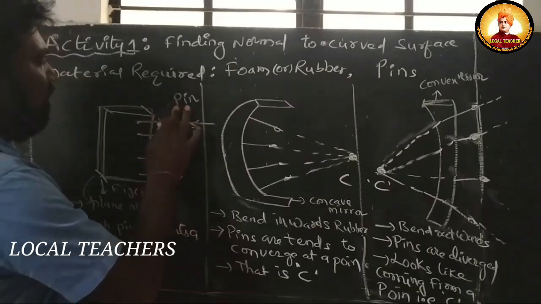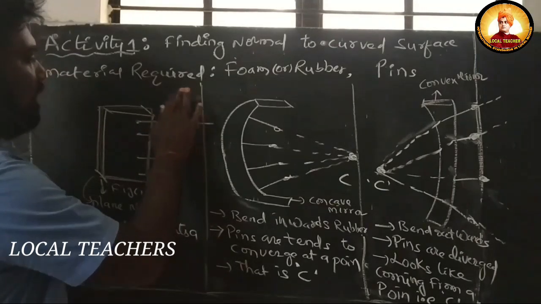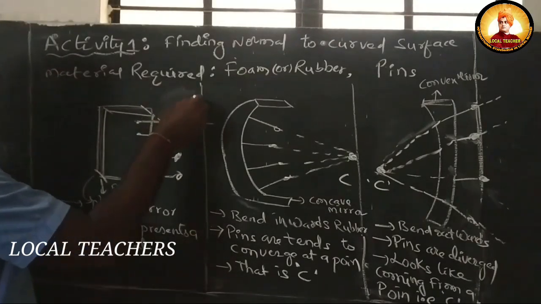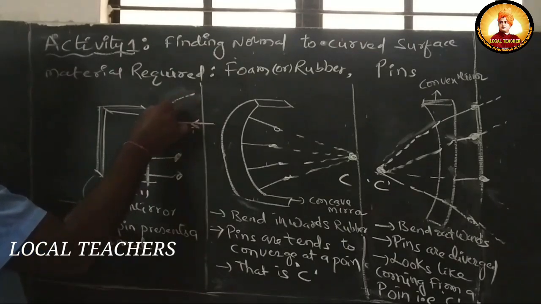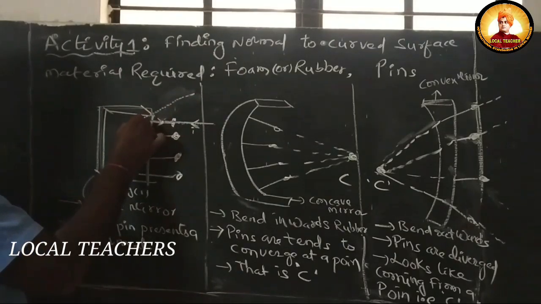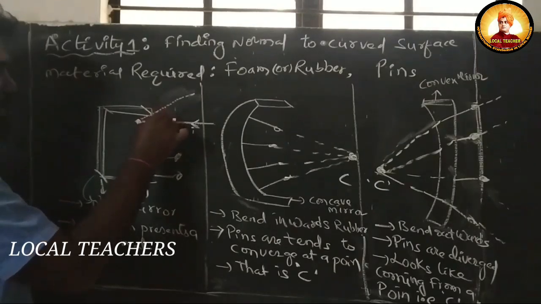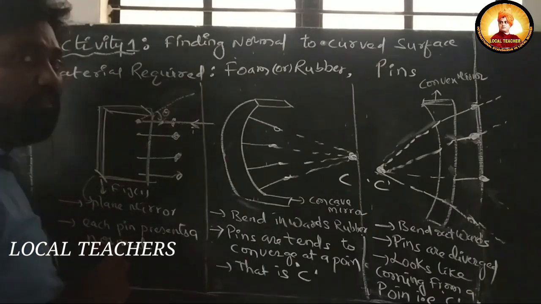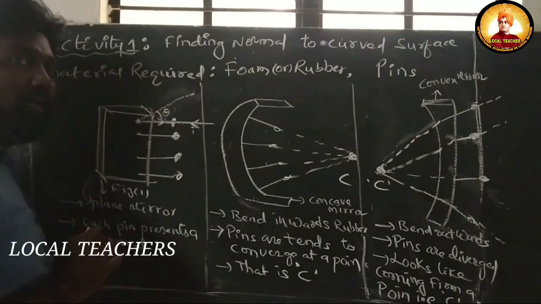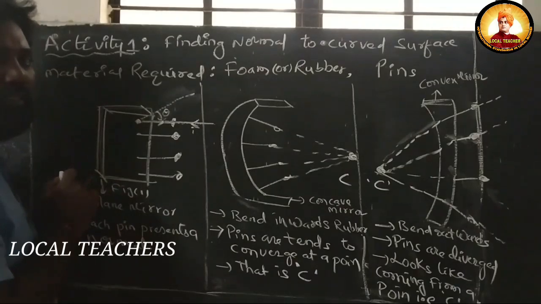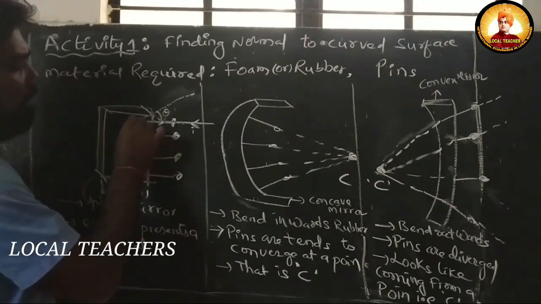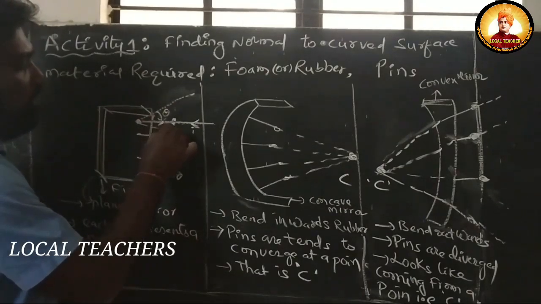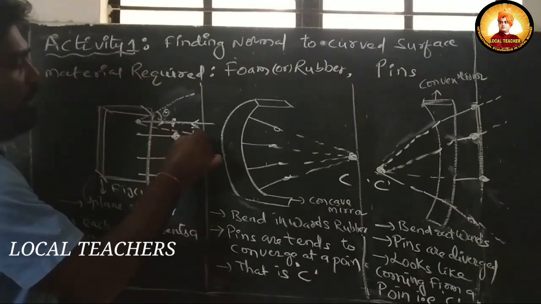But when light falls and we put the pin, at whichever angle it falls on the surface where we kept this pin, at the same angle it will reflect with respect to the pin.